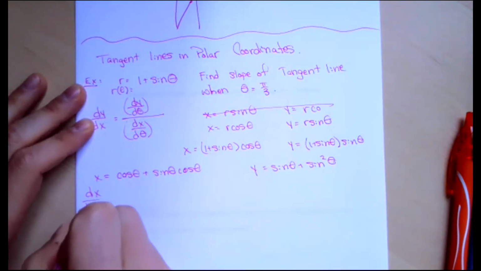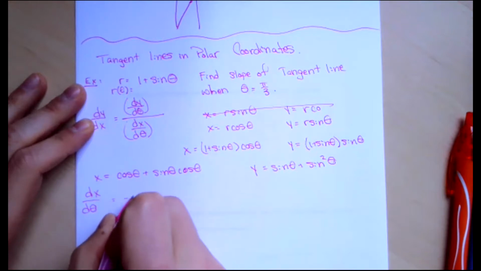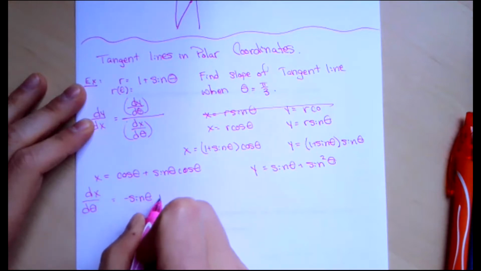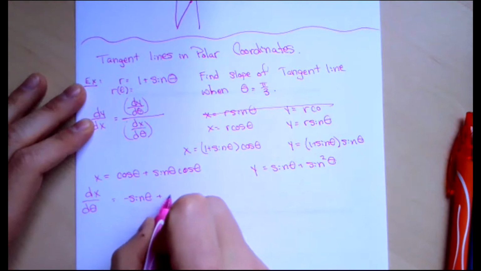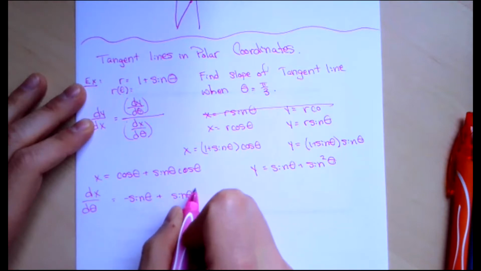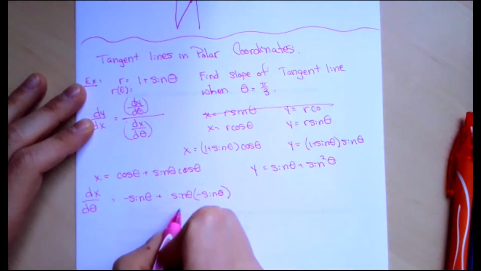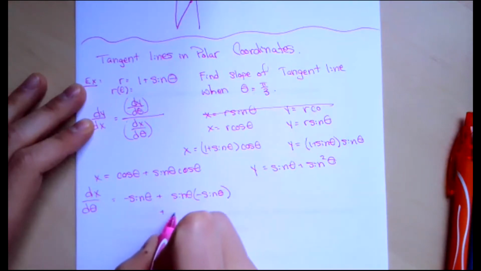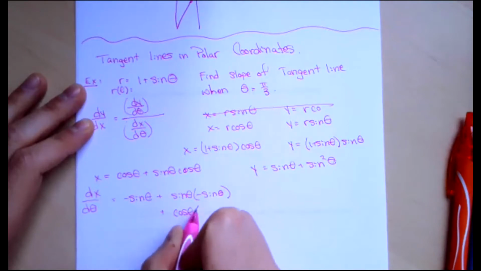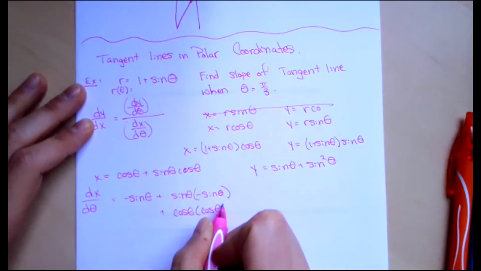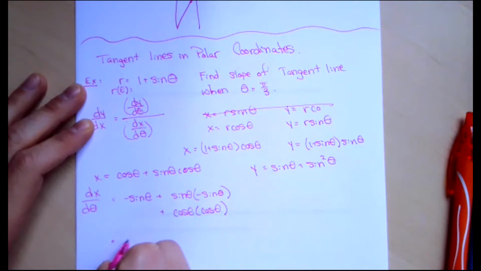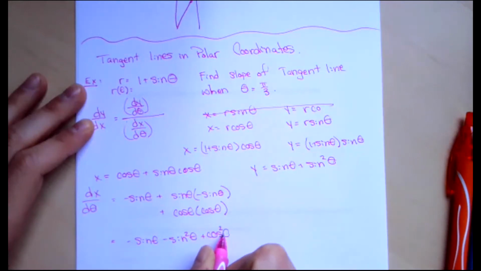My dx d theta is going to be negative sine theta plus, let's see, sine theta times negative sine theta plus cosine theta times cosine theta. So simplifying, we got negative sine theta minus sine squared theta plus cosine squared theta.